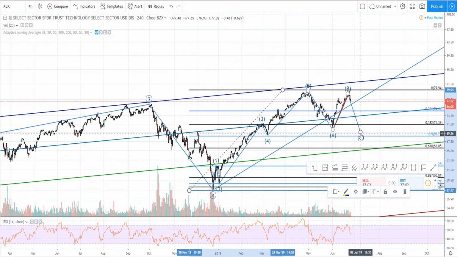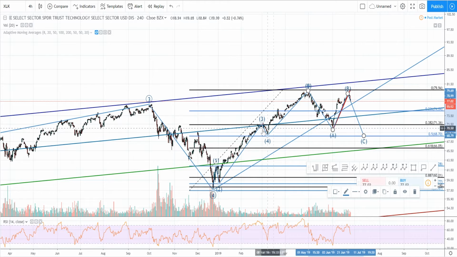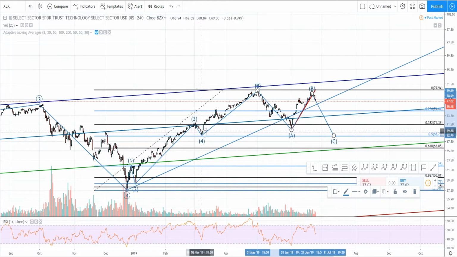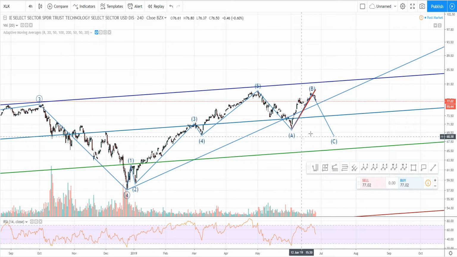Yeah, so this is the target. The 69 target is the target from the fib extension, but I'm thinking that it also might just hit the 0.5, which also coincides here with the wave 4 of the previous wave.